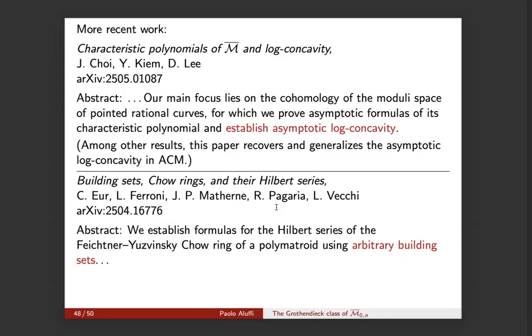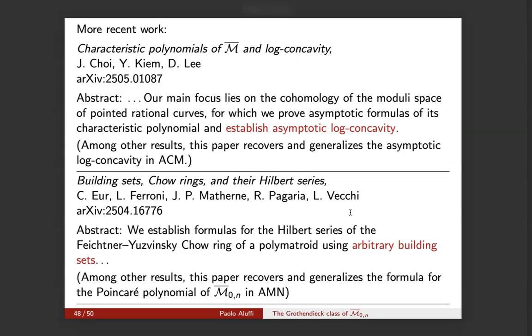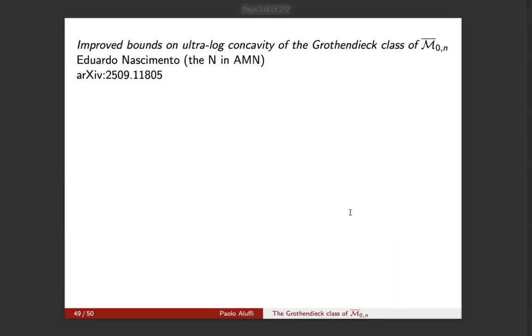There's another proof of the formula in terms of Stirling numbers that fits in the context of polymatroids with respect to arbitrary building sets, and that's due to Luis Ferroni, Matt Larson, Schröter, and Wang, also from last year. So again, this generalizes formulas for the Poincaré polynomial that I put on the slides earlier.